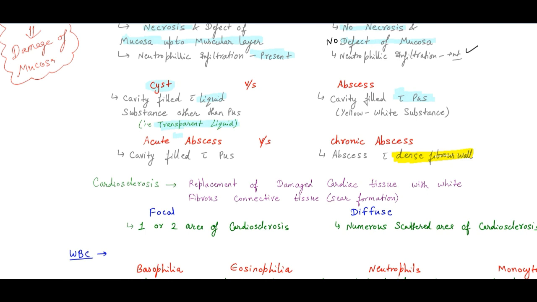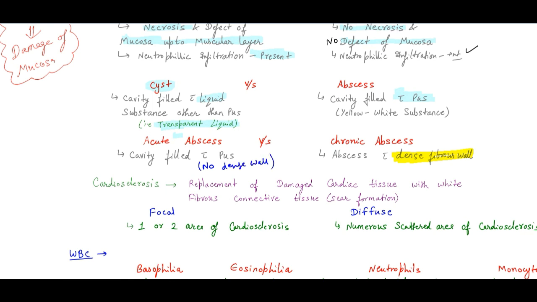If there is a dense fibrous wall, it simply means there is a chronic abscess. Dense wall is chronic; no dense wall is an acute abscess.